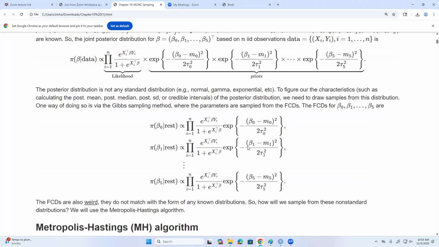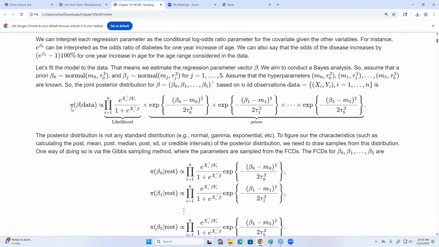Going back to either the joint distribution of beta or the full conditional distribution of beta, in any case, we do not know the constant of proportionality for this distribution. And calculation of this constant is very difficult, because it requires integration with respect to multiple parameters.